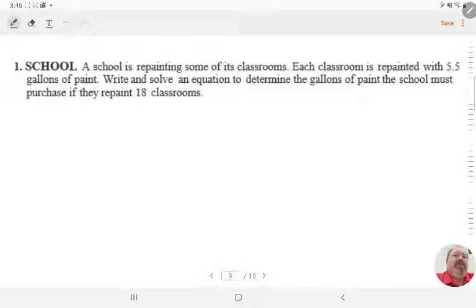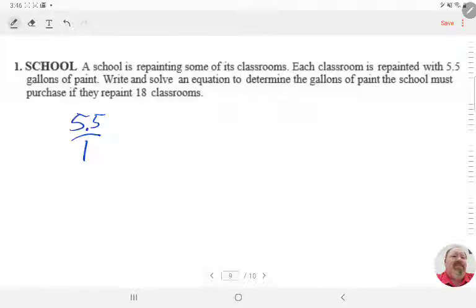All right. So a school is repainting some of the classrooms. Each classroom is repainted with 5.5 gallons of paint. Write and solve an equation to determine the gallons of paint the school must purchase if they repaint 18 classrooms. All right, let's take a look at what it tells us. It tells us that each classroom is repainted with 5.5 gallons of paint. So 5.5 over 1, okay?